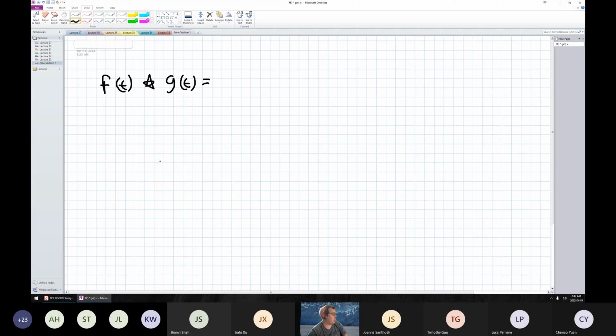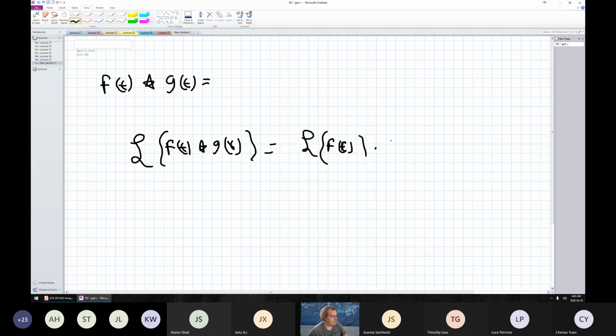So what it quite simply states is that the Laplace transform of the convolution, so the Laplace transform of this type of a product, because this is a product of two functions, is the product of the Laplace transforms. So this guy here, times Laplace of g of t.